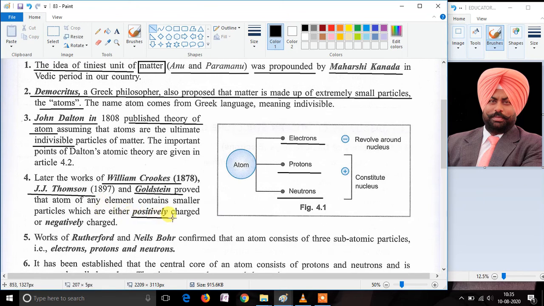The protons are positively charged, the electrons are negatively charged, and the neutrons have no charge.